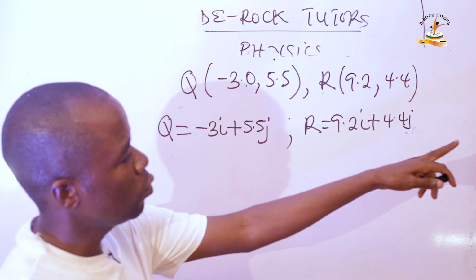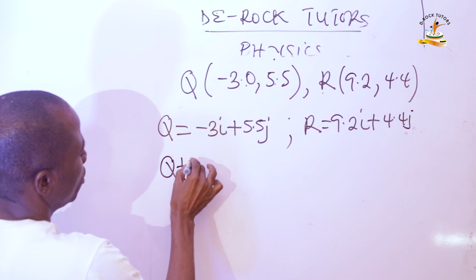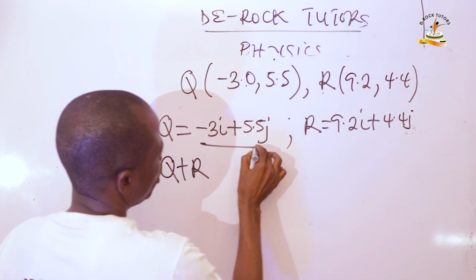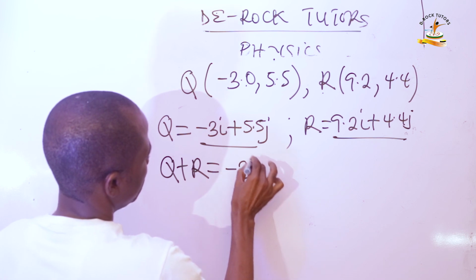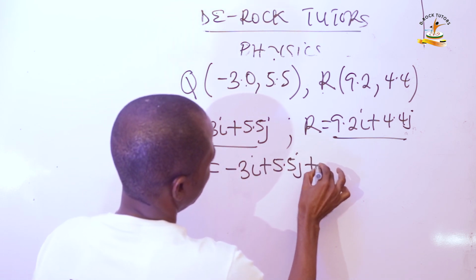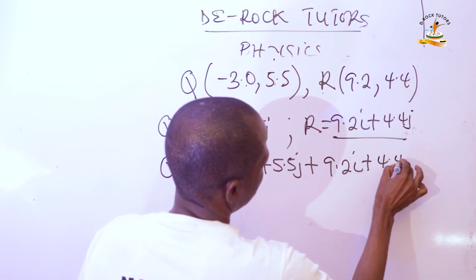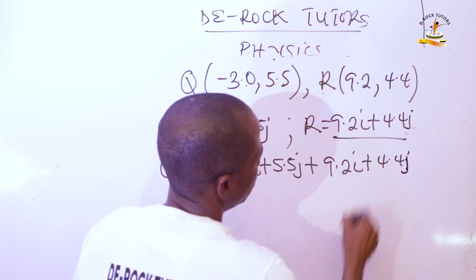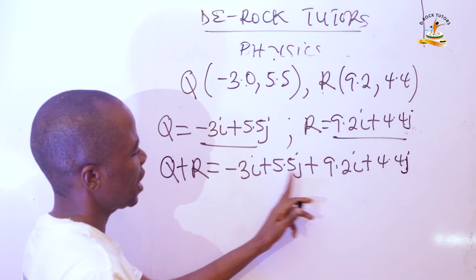So we are now asked to calculate the component of Q plus R. If you now add this and this together, we have minus 3I plus 5.5J plus 9.2I plus 4.4J. What do we do? We add the common factors together.